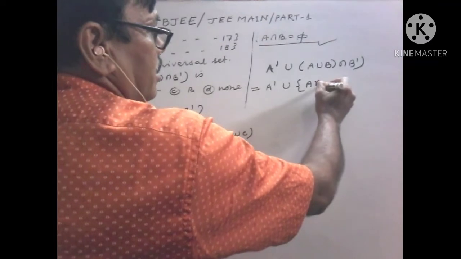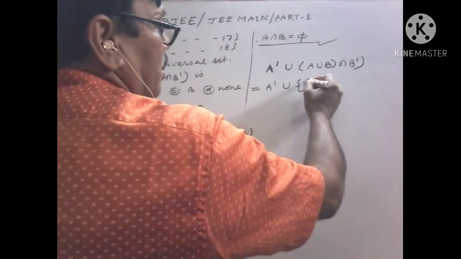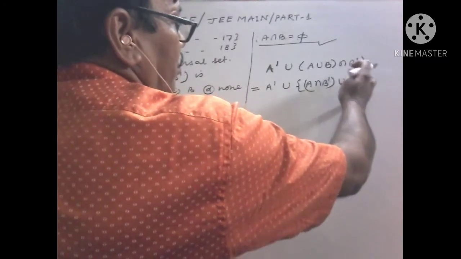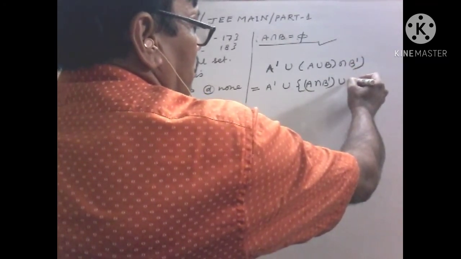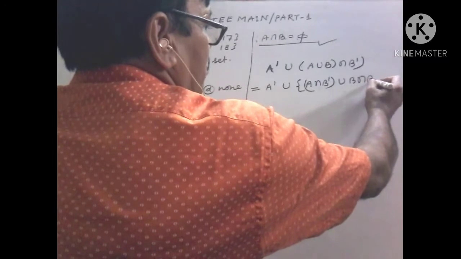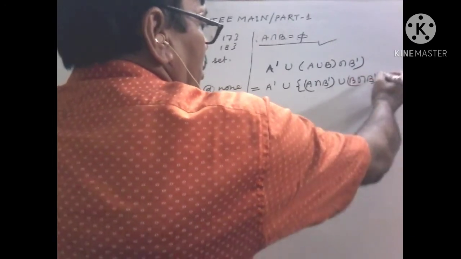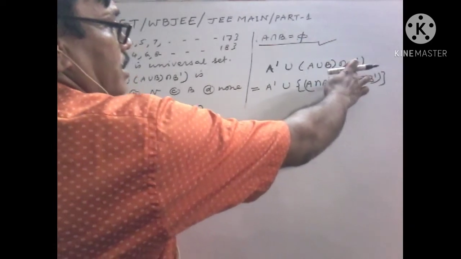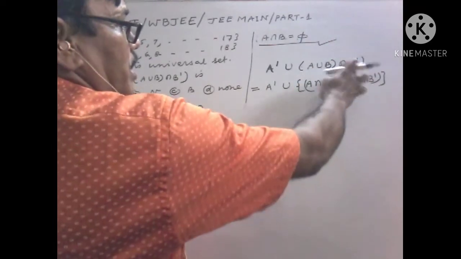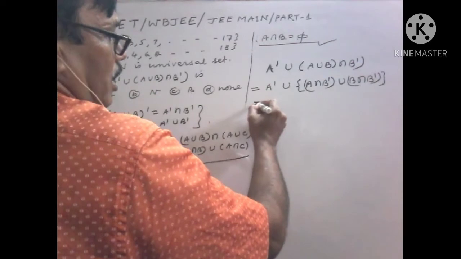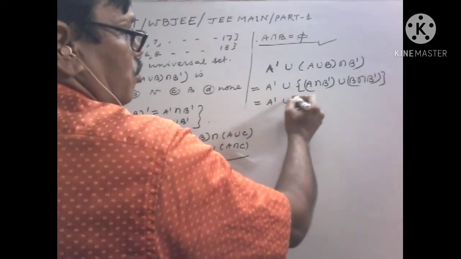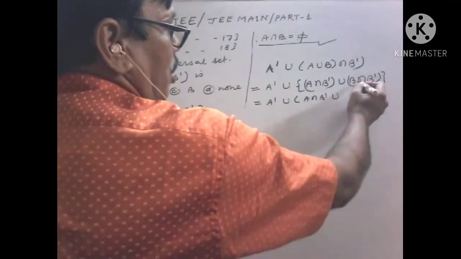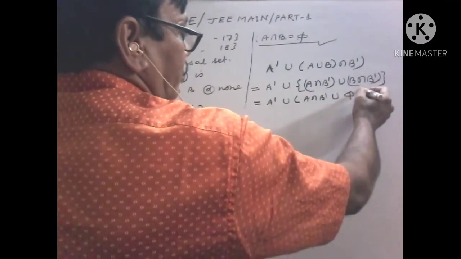So look, A dash union, this is A intersection B dashed, union B intersection B dashed. So by the distributive law, if we consider this, B intersection A union B intersection B dashed. Now this is A dash union A intersection B dash union phi.